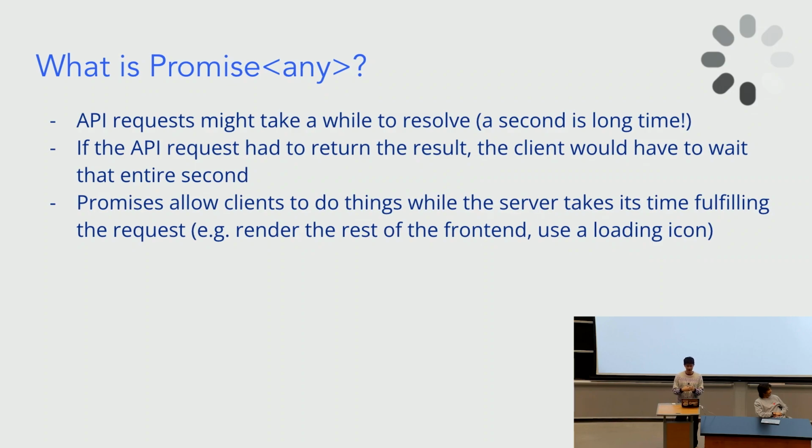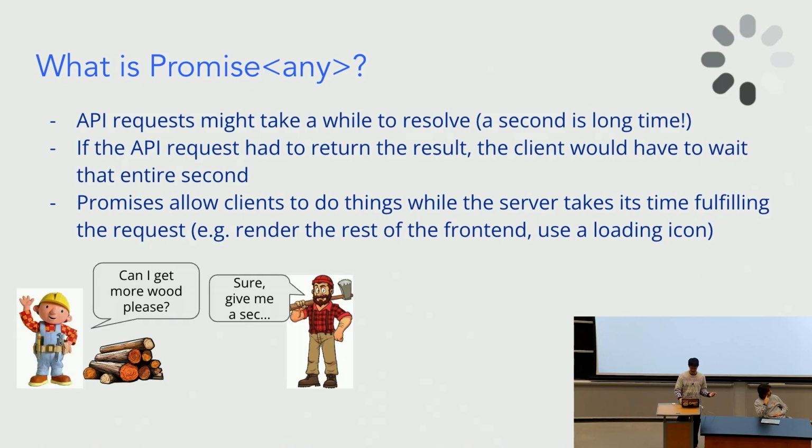So promises allow the clients to do things while the server is taking its time fulfilling the request. For example, maybe they want to render the rest of the front end and then put a loading icon there, some circly thing that's spinning until, oh, I got the data, now I can just put it in.